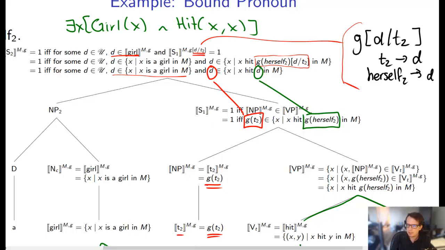So D slash T2, this is just a modification of the function itself. So because the function is not superscripted, the D slash T2 is not superscripted. Oh, okay, yeah.